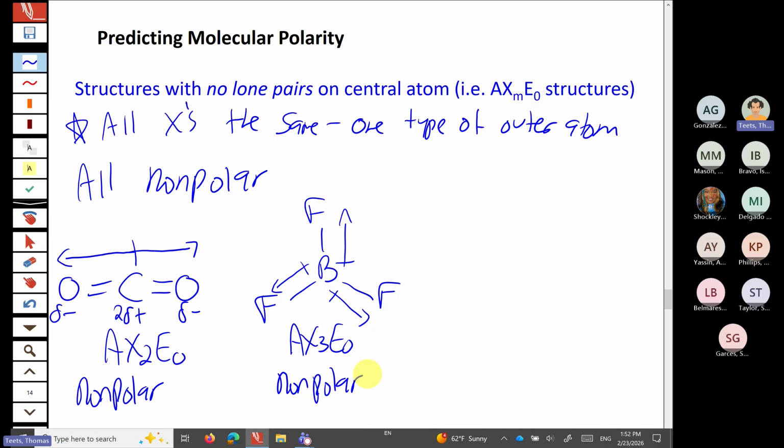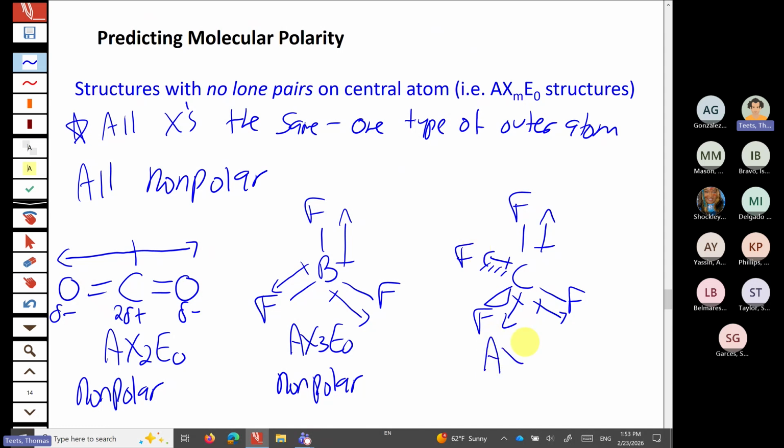And then even less obvious, but the same thing is true for carbon tetrafluoride. This time there's four atoms on the center atom, but no lone pairs. Four dipoles, but they all, again, cancel each other out. This time it's three-dimensional, so not very obvious like it was for the first example, but all four of these bonds are exactly equal to each other in terms of their polarity.